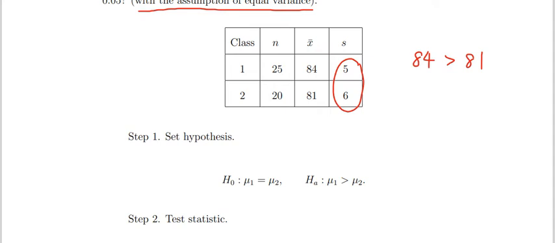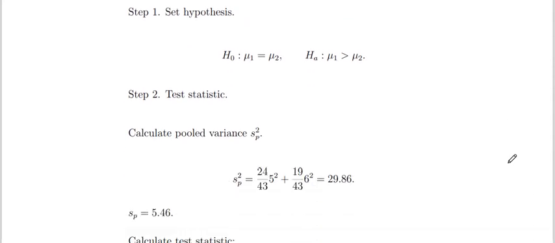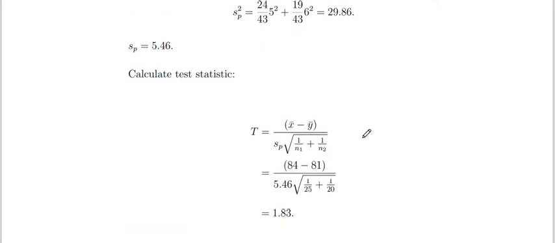So for the test statistic, if we assume variances are equal, we replace sigma by the pooled standard deviation. We use this formula.